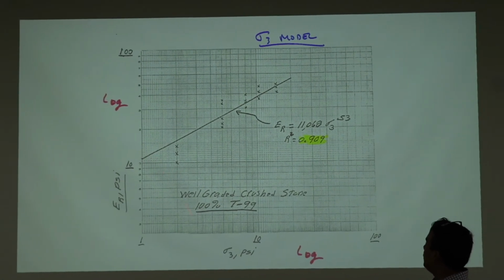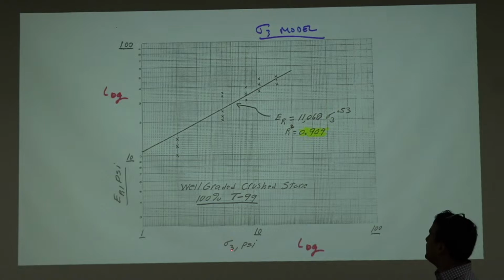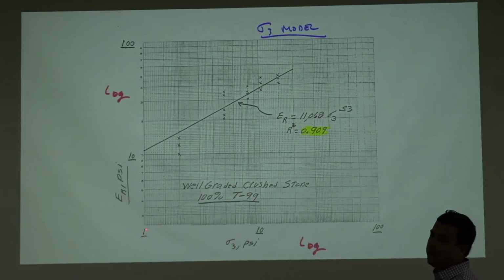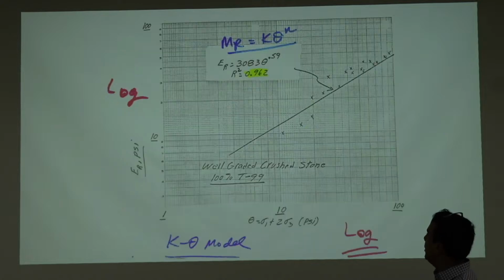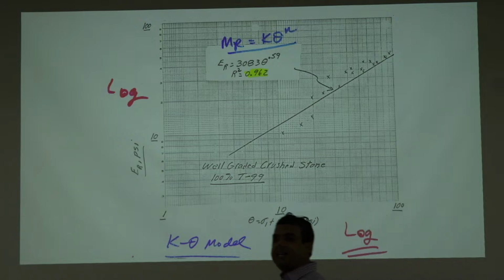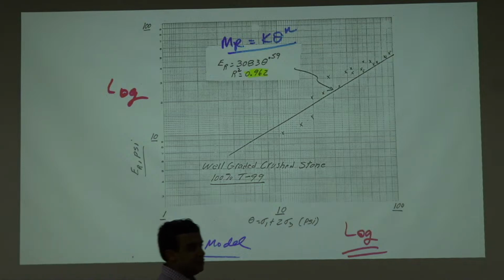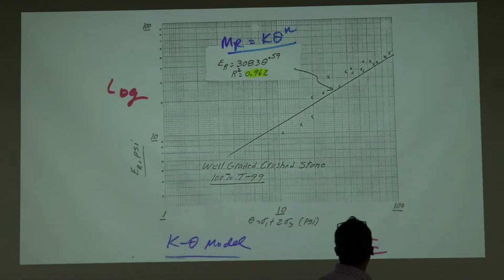This is sigma 3, you're talking about one psi of sigma 3. It's a log scale, but it's 1 psi, and the minimum theta you are applying is probably about 4, 5 or 6, because theta is sigma d plus 3 sigma 3. So you're already on the right hand side. Good catch, but it's just the nature of the value, nothing special.